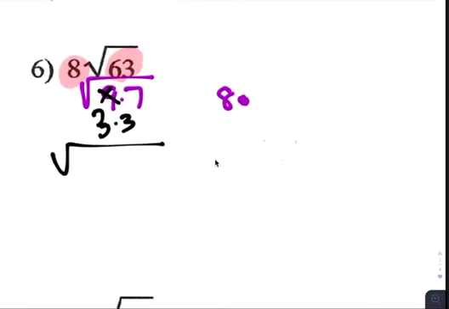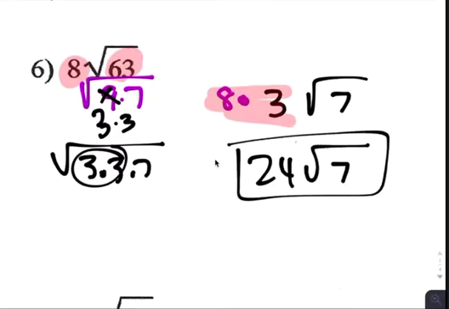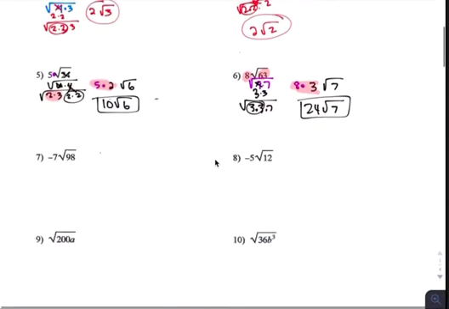So you got 3, 3, 7. 3 to the first, square root of 7. And then the 1 can be invisible. Then you multiply this together: 24 square root of 7. Okay, that's how you do all of these basically.